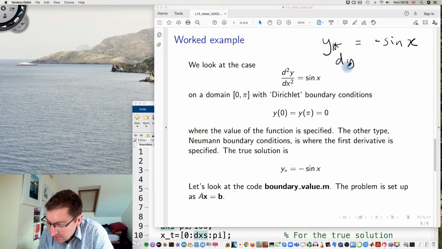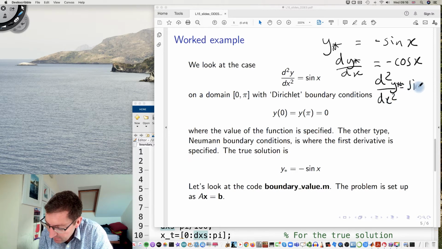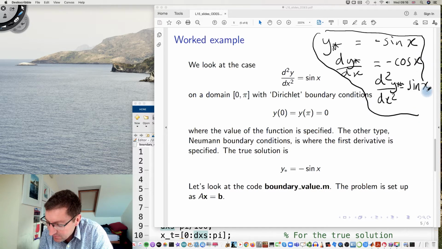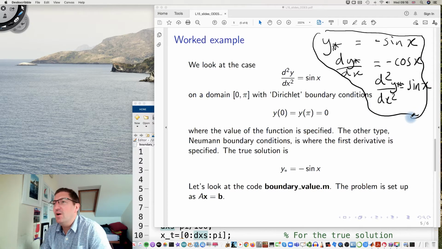So we have dy star by dx, just a bit of differentiation of sine, nice and easy. It's minus cos x, and then d2y star by dx squared equals sine x, which is our original equation. Right, so I've just verified by substitution that the true solution is this one.